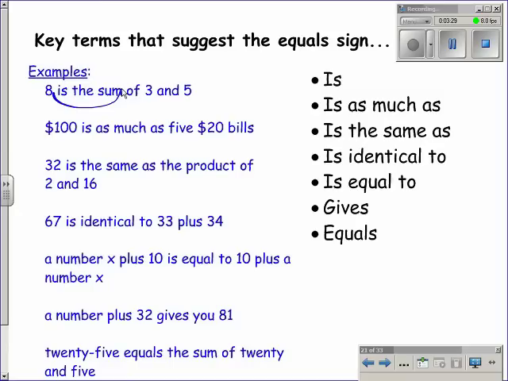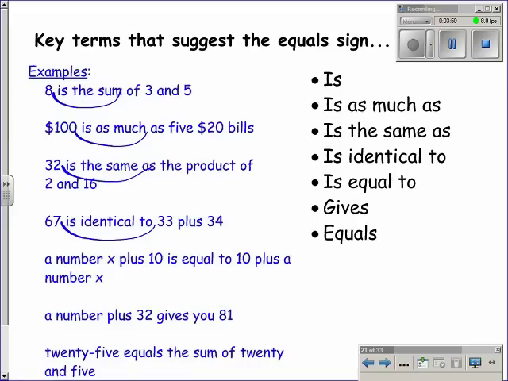100 is as much as 5 $20 bills. "Is as much" suggests an equal sign. 32 is the same as the product of 2 and 6. "Is the same as" means equals. 67 is identical to 33 plus 34.